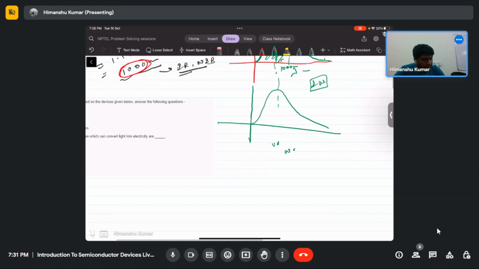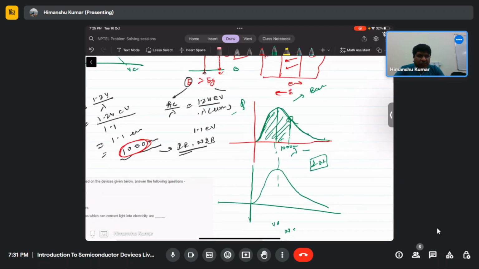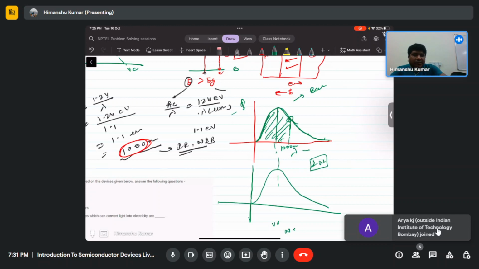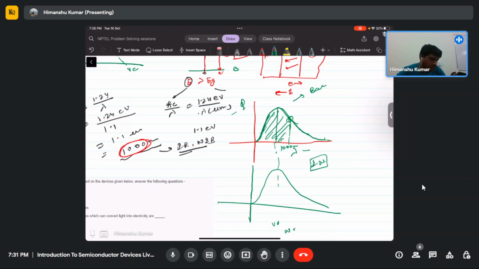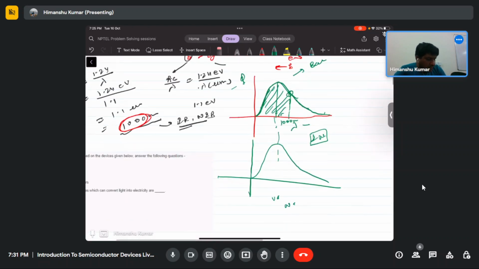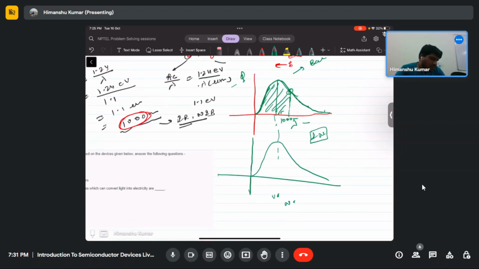In a solar cell you want to capture all the spectra radiated from the sun, so that you can get the photon corresponding to each of the wavelengths. But in a photodetector you want a particular wavelength which your application demands. So that is the primary difference between the solar cell and photodetectors.